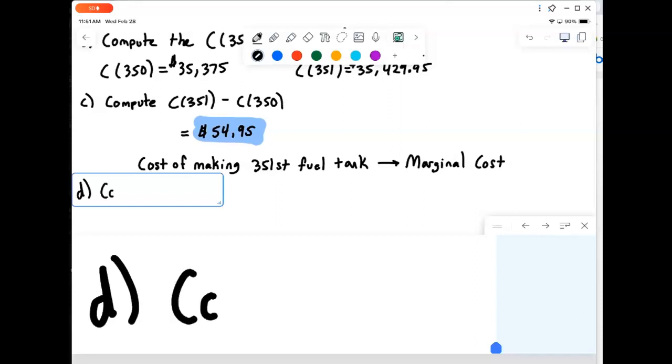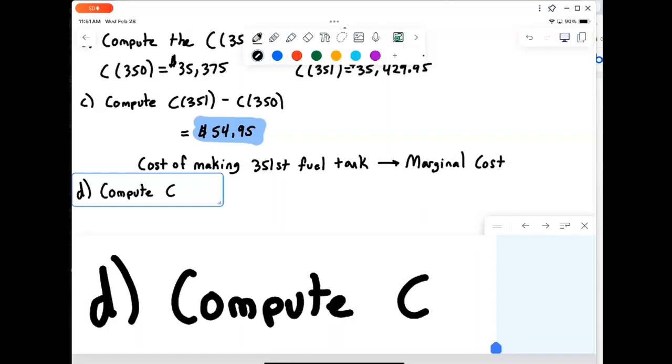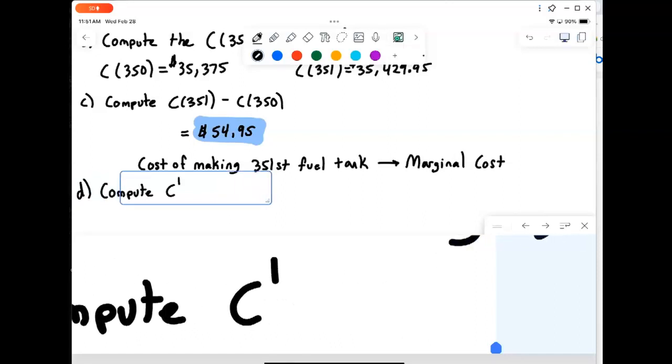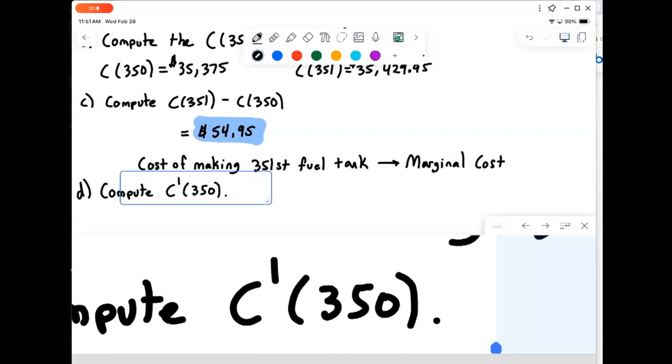And so I want to compute C prime of 350. In other words, I want to take the derivative of that function I had up there and then evaluate it at 350.